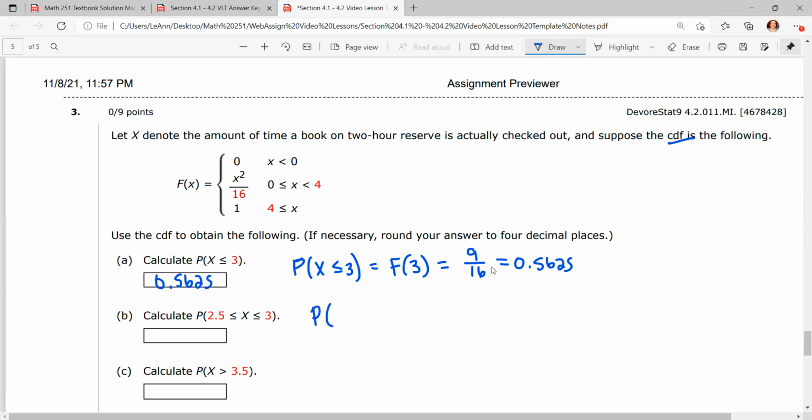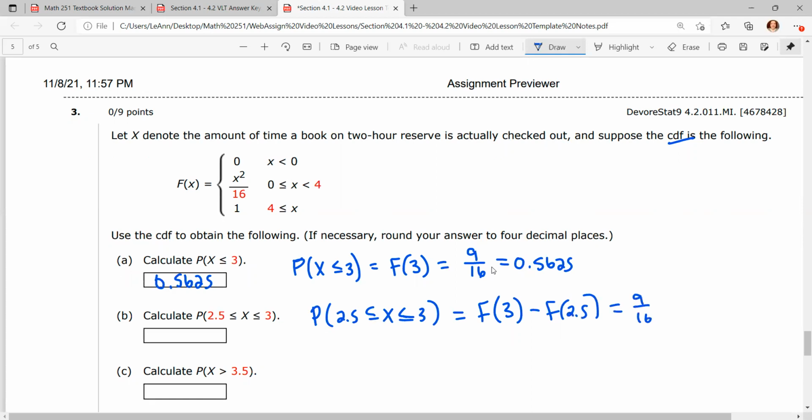If I want the probability of 2.5 less than or equal to x less than or equal to 3. Again, this is going to be kind of like evaluating your closed interval on your integration. So that's going to be F of 3 minus F of 2.5.